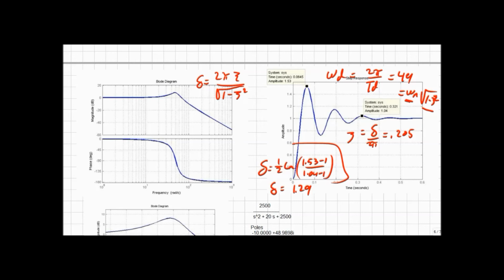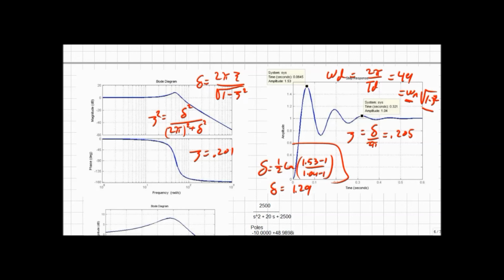So if I chug and I chug and I huff and I puff and I blow the house down, I come up with zeta squared equals delta squared all over 2 pi squared plus delta squared, and that in the end leaves me with zeta equal to 0.201. So it's not much different.